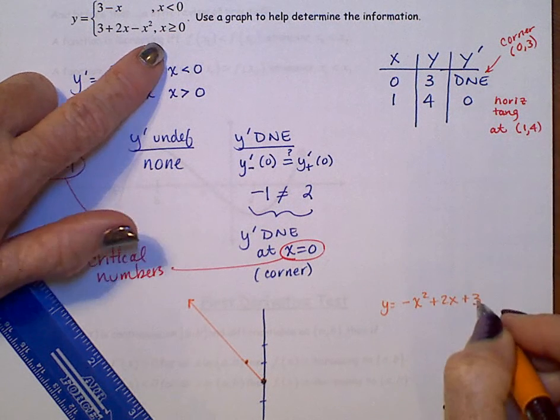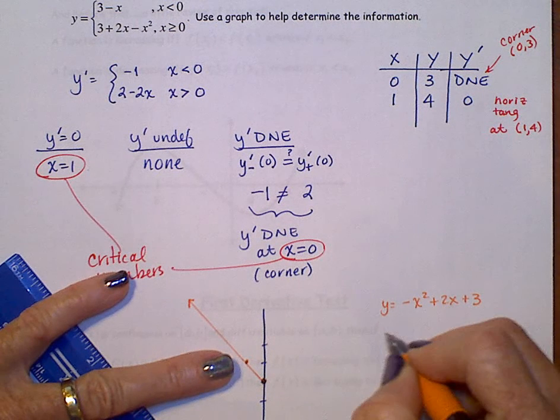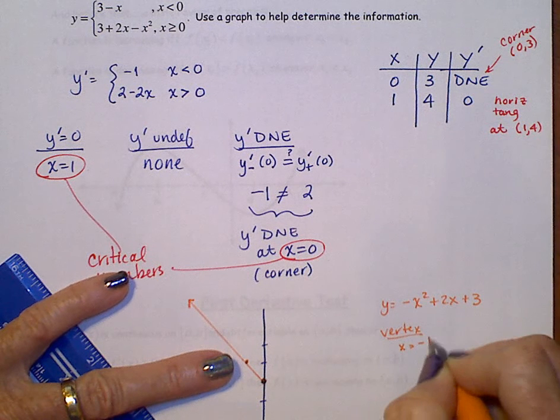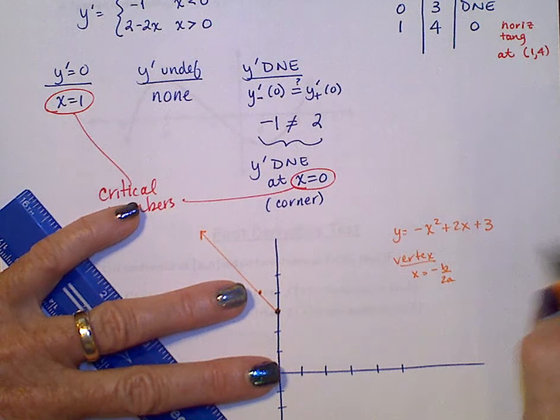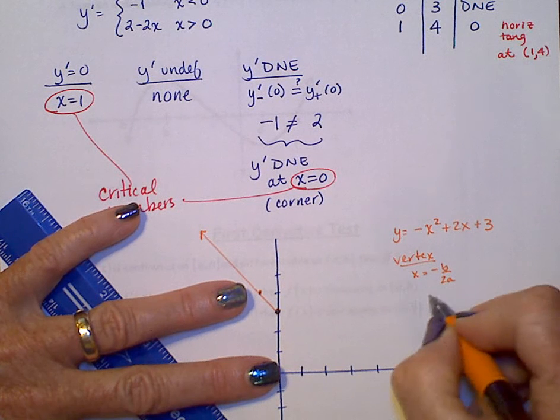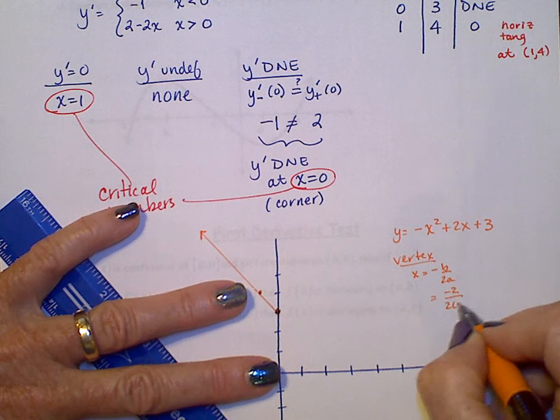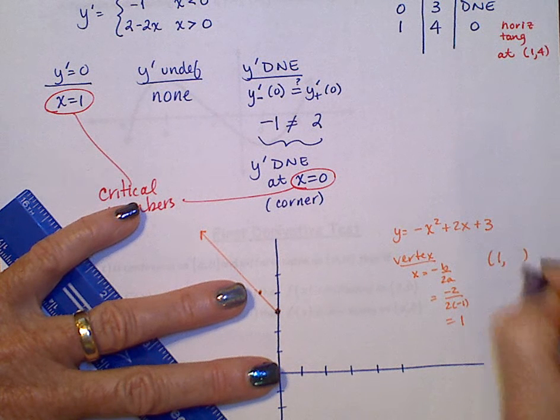Do you remember how to find the x coordinate of the vertex? The x coordinate is -b over 2a. So in this case, that would be -2 over 2 times the -1, which is 1. Your vertex is at 1 something. I can plug in a 1.